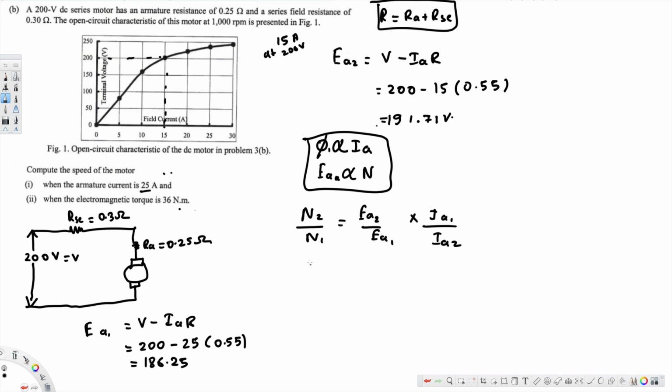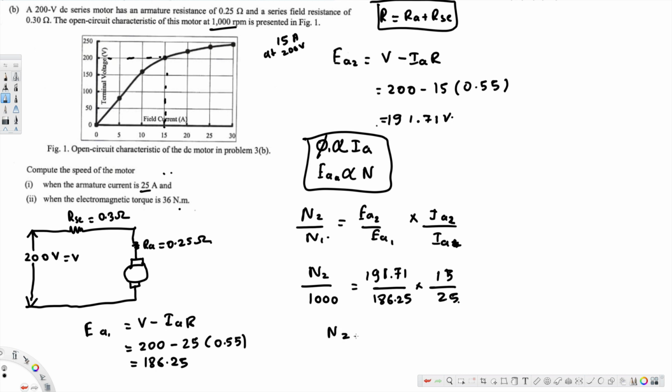Now our purpose is to find the speed, that is N2, because the initial speed is given, that is 1000. We have to find the N2 speed. N2 divided by 1000, that's N1. EA2 we calculated is 191.71, divided by EA1, that is 186.25, multiplied by IA1 over IA2, 25 over 15.